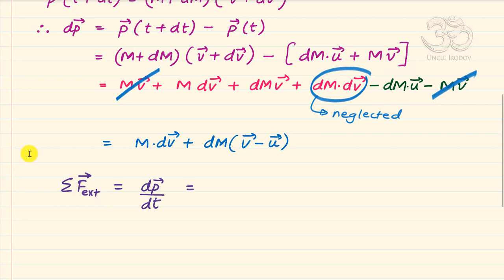Because the expression for dp is already found out, I can just divide this expression by dt. So this is equal to m times dv by dt plus dm by dt times v minus u. This is what I've got.